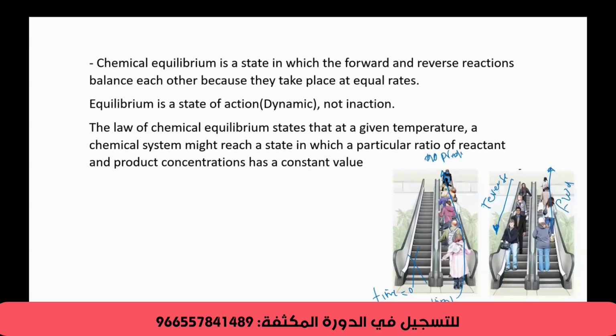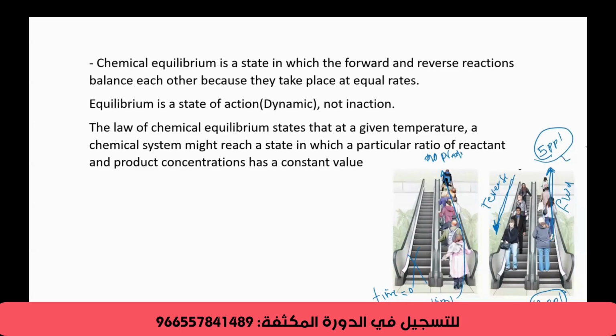But at 12 o'clock, let's say 5 people are up, 10 people are down. But the idea is there are 5 people going up at the same time another 5 people are going down. This concentration will change? Never. 10 people will always be down, another 5 people are always up.